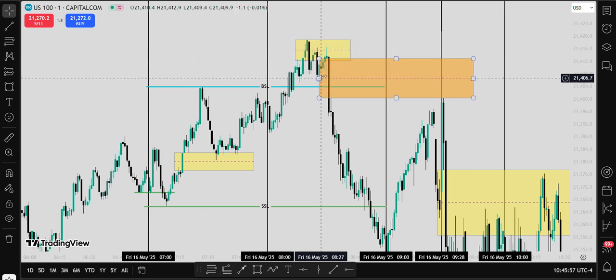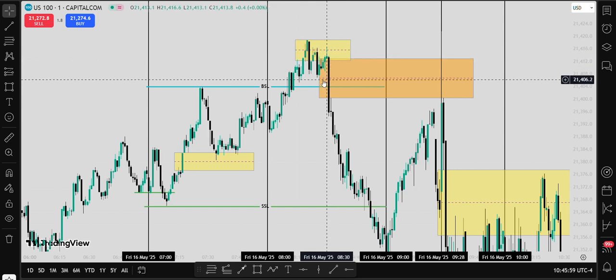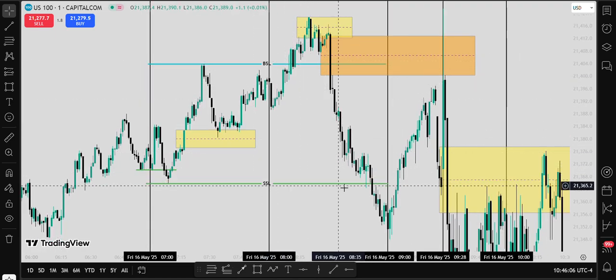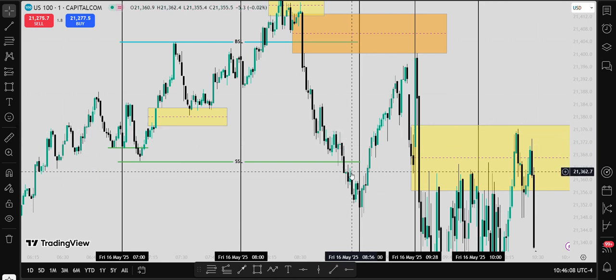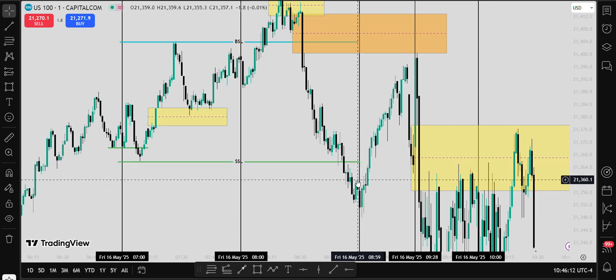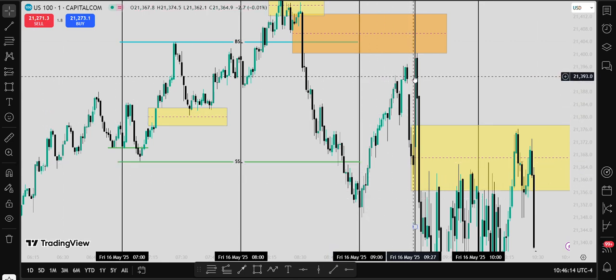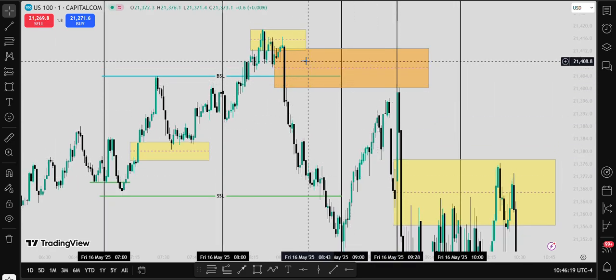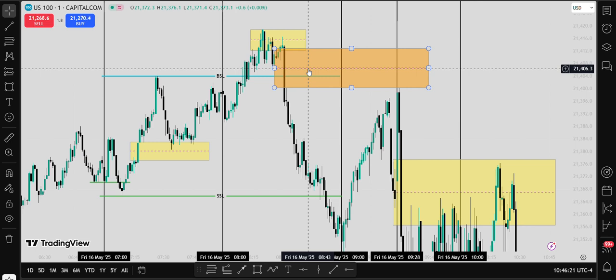Then the market dropped off, retested it again, and took out this low, meaning there was a market shift. After that, the sell side liquidity was taken. Then the market, after taking out that liquidity, it is now 9. The market retraces so deep that it comes to retest that fair value.